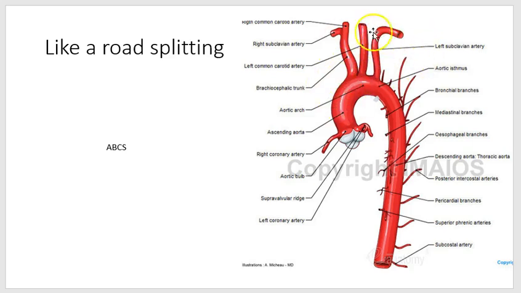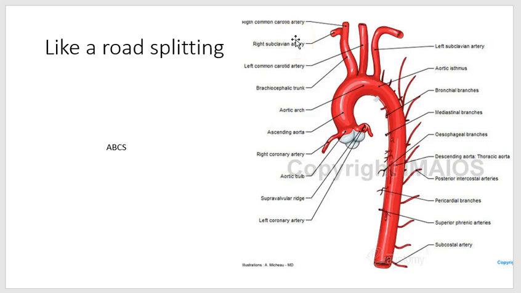There's a lot of variation or anomalies in this branching, so it's not always like this. Sometimes you'll have 4 branches right here, and it'll be right subclavian, right common carotid, left common carotid, left subclavian. Or sometimes this brachiocephalic will take in this other carotid, and so it would be a brachiocephalic, and then both carotids branch off, and then your subclavian.